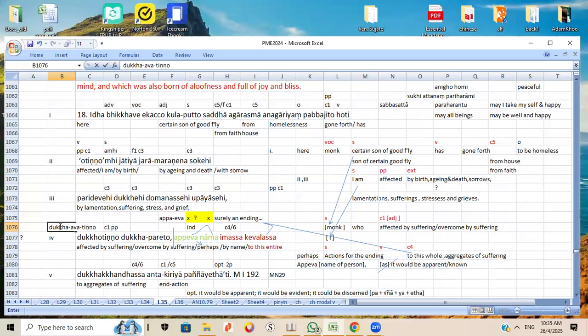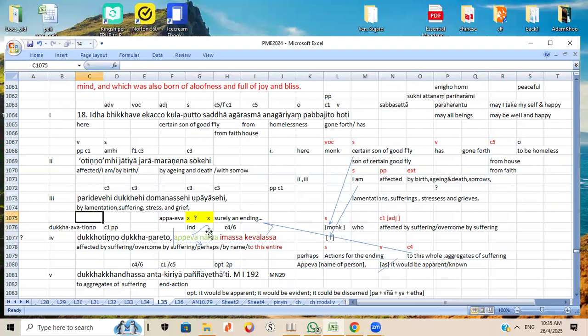Okay. So the ava is abbreviated to be O. It becomes Otinno. So only Otinno, it means Otinno in this case will be translated as affected by suffering. So that's why you see the O, because of this O. Ava changes to O, not the other. That is the reason. Okay.